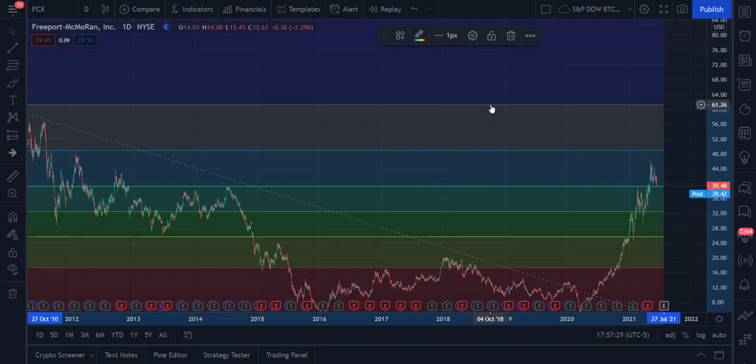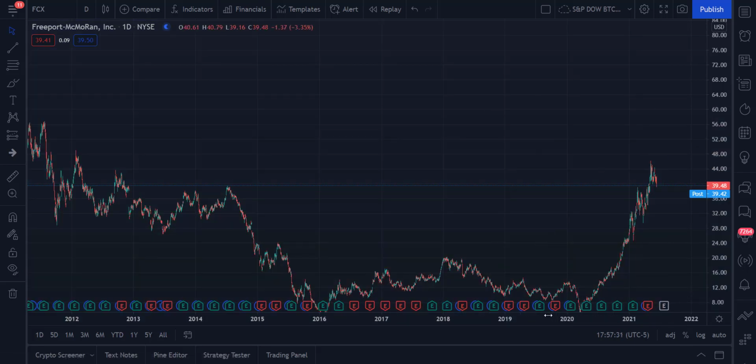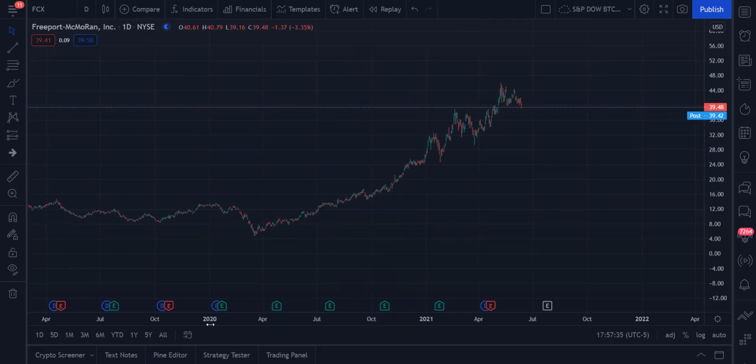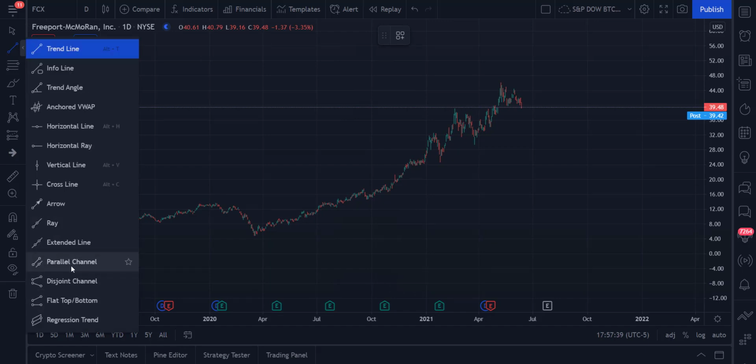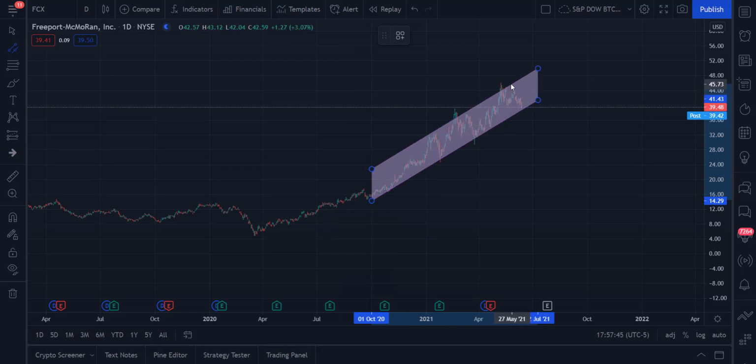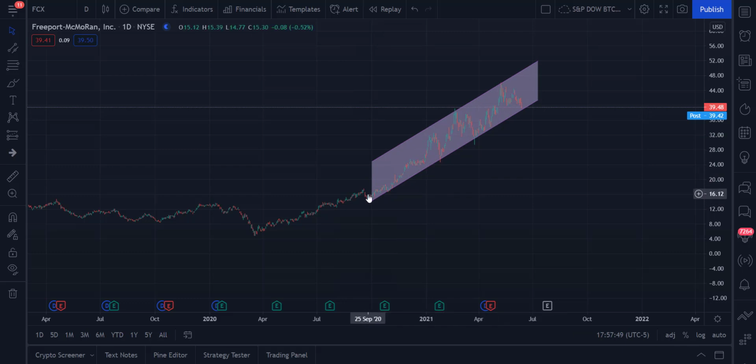I'm going to get rid of this Fibonacci retracement, expand this back out a little bit, make it a little easier. The other thing I like, and you guys who watch these know that I am always looking at various trends and channels. I feel like the channels are a good way to visually see.